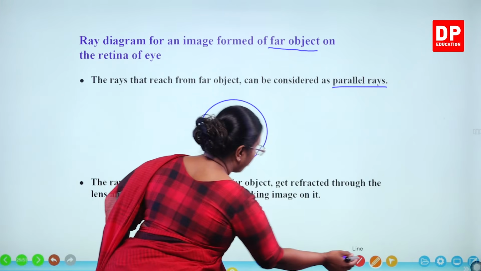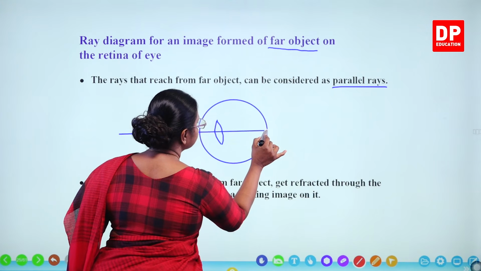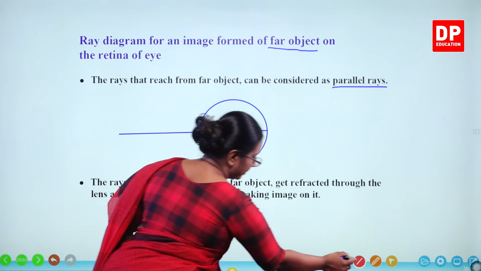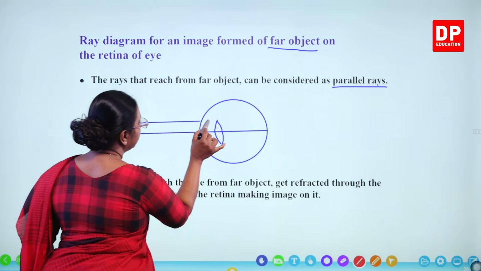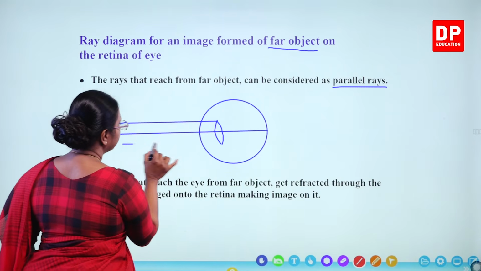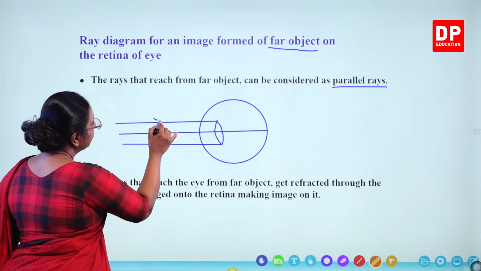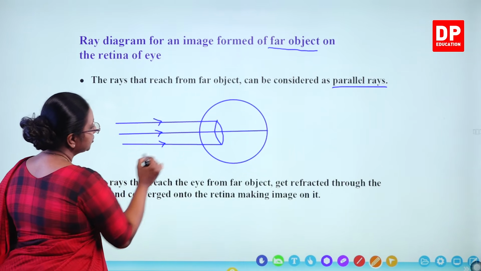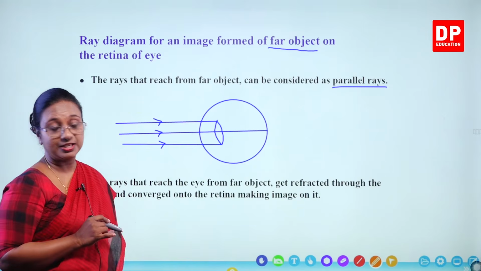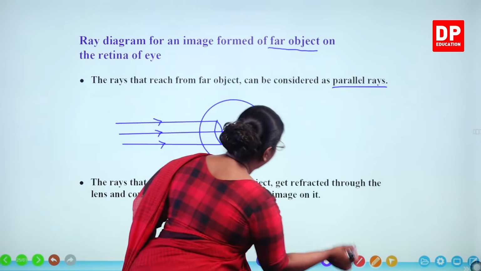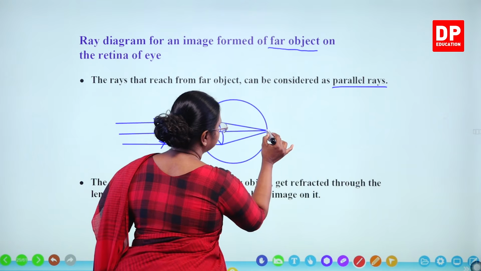So if we draw parallel rays here, if I draw this as the principal axis, then we have parallel rays coming towards the eye. And to denote the rays, we need to use arrowheads to show the direction of the light rays, and they will all converge onto the retina.